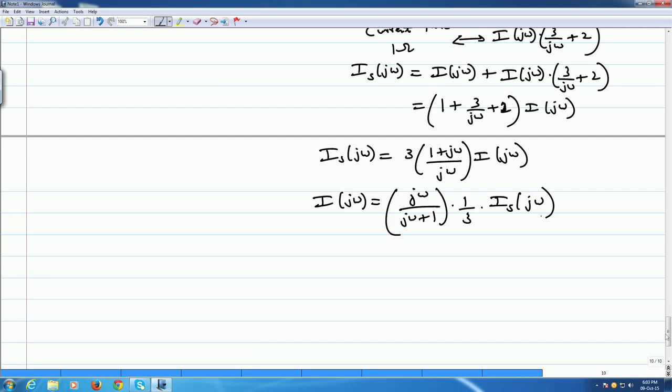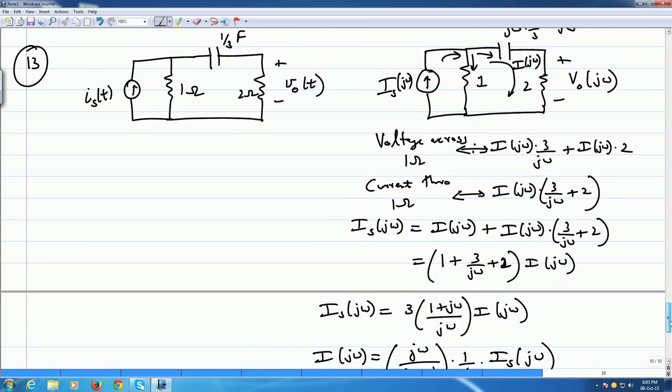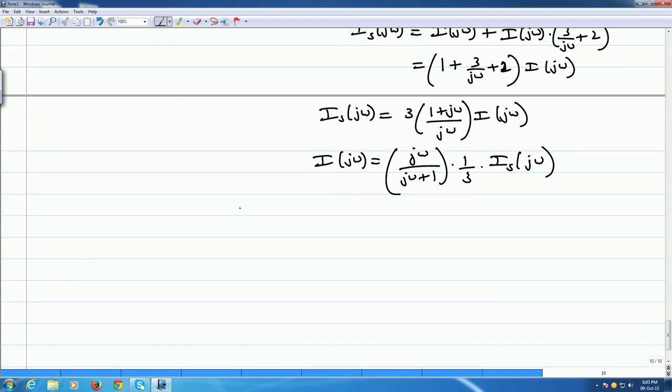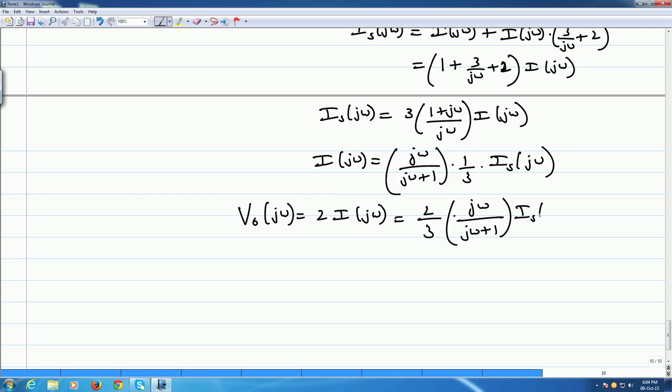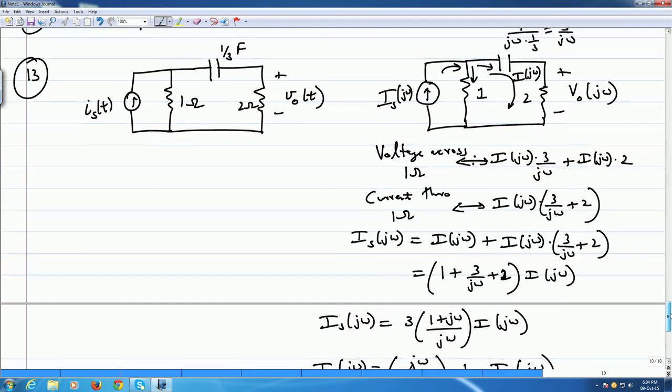Okay. So, now I of j omega is not what I want; what I want is 2 times I of j omega, right. So, V naught of j omega is 2 times I of j omega, and that one can write as 2 by 3 times j omega by j omega plus 1 times Is of j omega. Okay, so one can do this in so many other ways. I just showed you one laborious way of doing it.